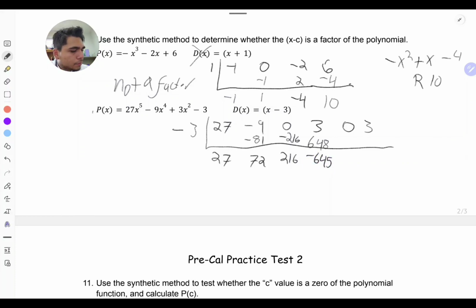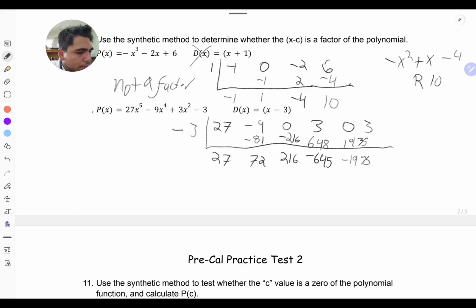Okay, so 651 times negative 3 gives us 1935, okay, right, so 0 minus... 1935.